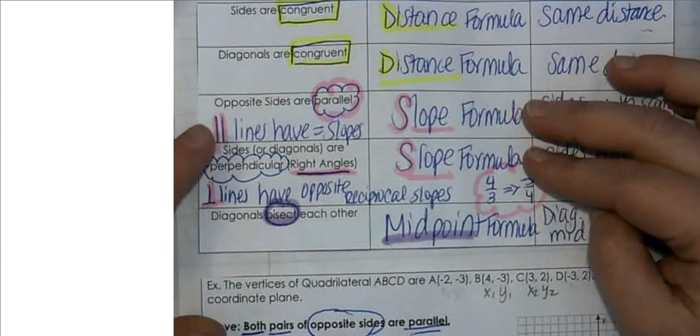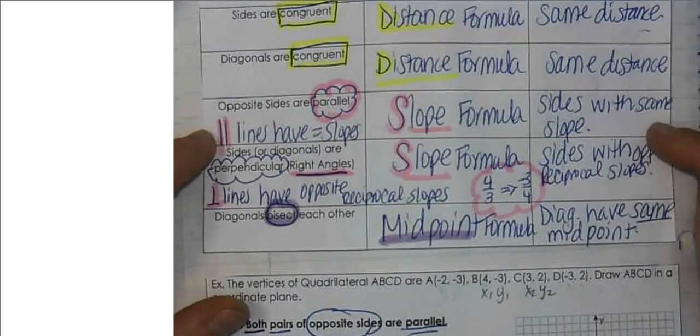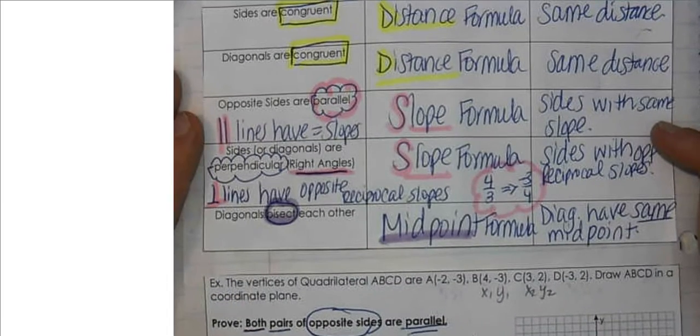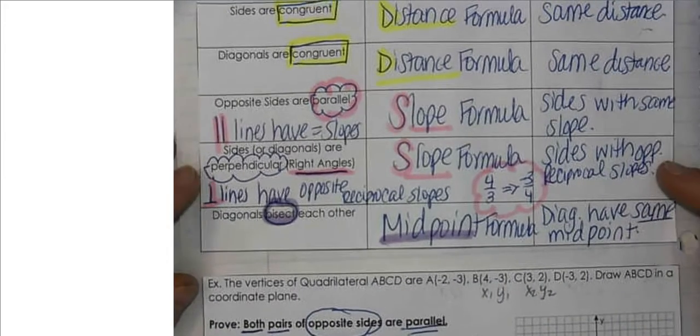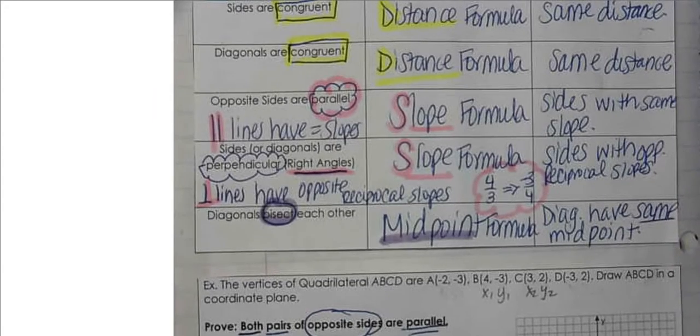So let's say that you wanted to show that opposite sides are parallel. That would mean that you would need to show that opposite sides have the same slope. If you want to decide whether or not the angles form right angles, and you want to determine whether or not you're dealing with a square versus a rhombus, for example, you would analyze the slopes.